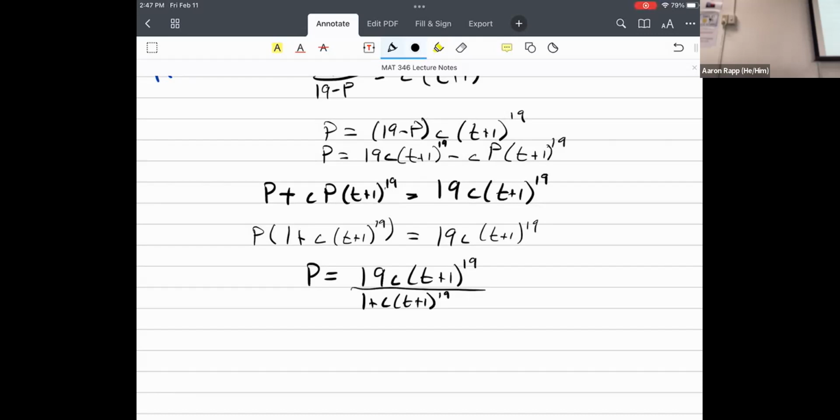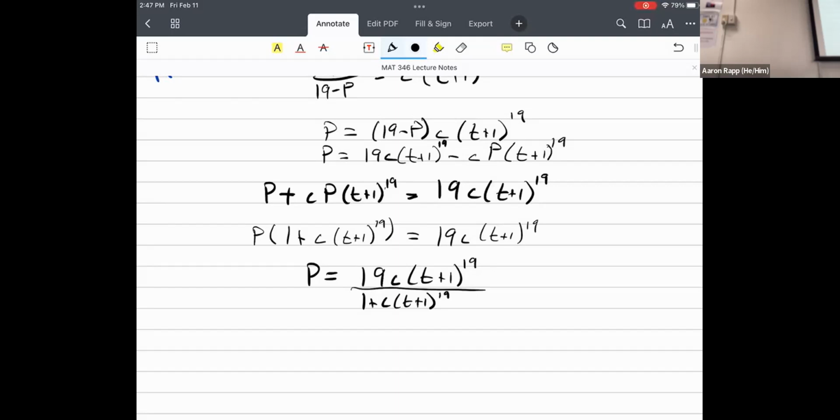The function that governs the population based on this model is 19 times a constant times t plus 1 to the 19th power, all divided by 1 plus a constant times t plus 1 to the 19th power. There's not much more I can do to simplify it.